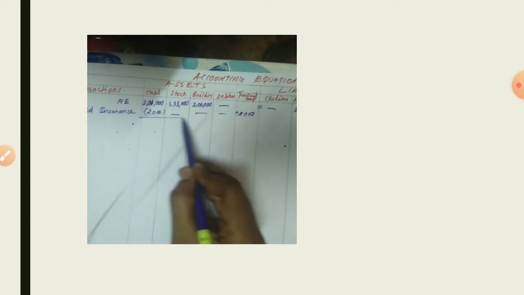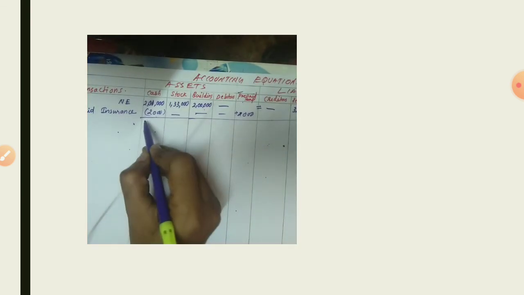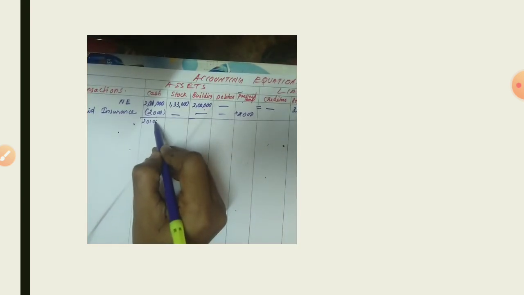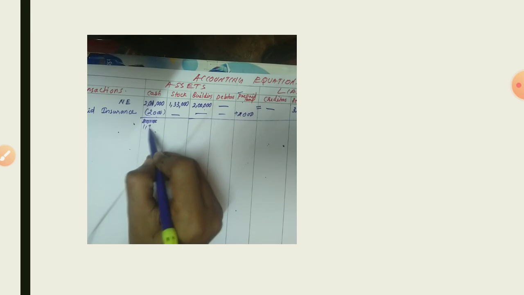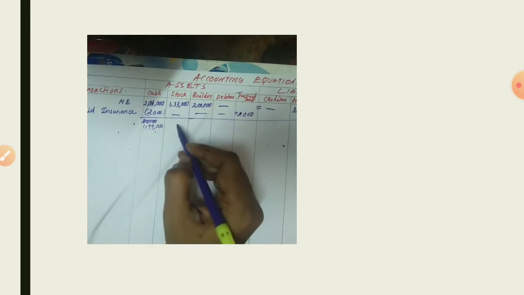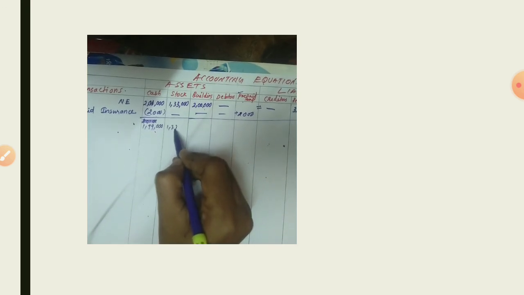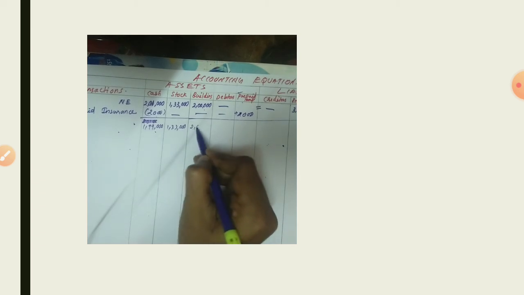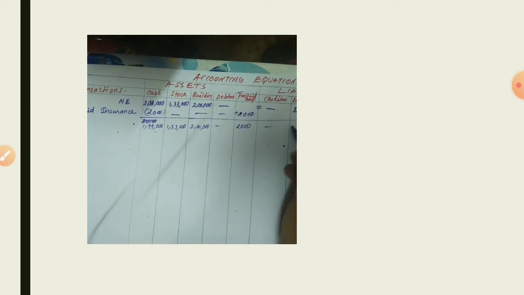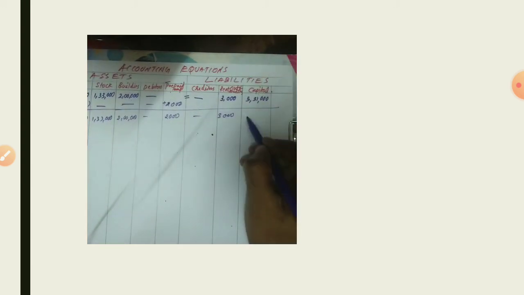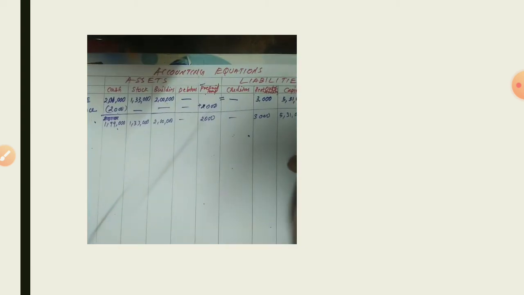This is the only effect of that. So we'll form the new equation. 2 lakh 1,000 minus 2,000 is 1 lakh 99,000. Then 1 lakh 33 stock, building 2 lakhs. Then here 2,000 prepaid, and outstanding 3,000, and capital is 5 lakh 31,000. Okay, so this is the position.